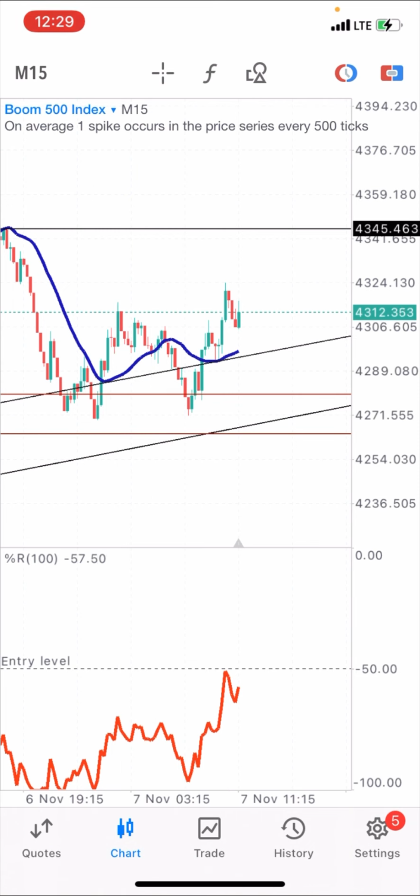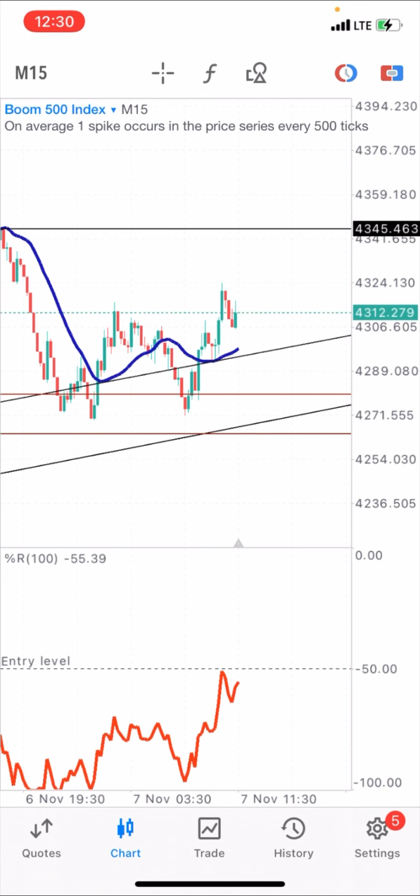Now for you to be able to place a good entry, you need to also look at the indicator on your window, your indicator window one, I mean. All right, and you need to see that this line here, whatever color this is, this line right here, has come to the entry level.